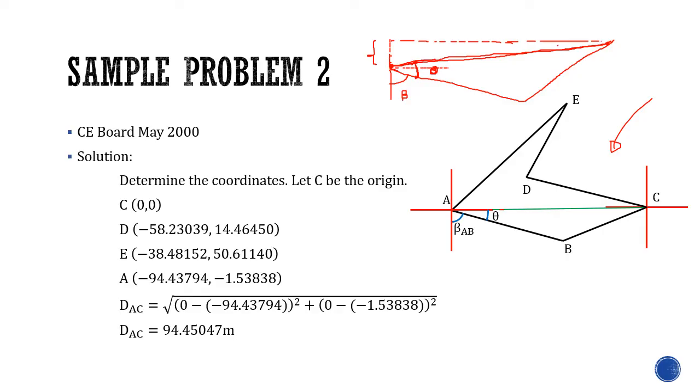Tapos, ibawas natin itong angle na to. Pag binawas natin yan, ito, minus ito, matitira ito. Now, this is a right angle. 90 minus this angle, makakuha natin yung bearing. Okay, yun yung approach na gagawin natin dito.